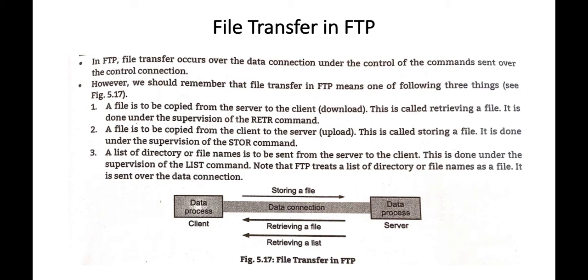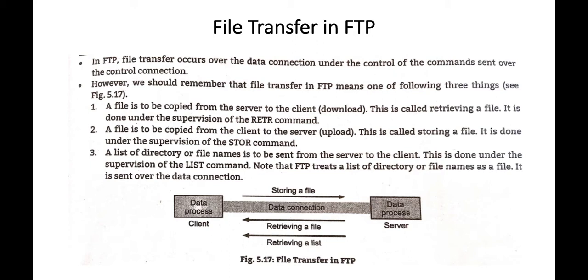The first one is the control connection. Control connection means establishing a connection between the client and server, so it is called a control connection. For that, the TCP well-known port number 21 is used. For connection establishment, we use port number 21.